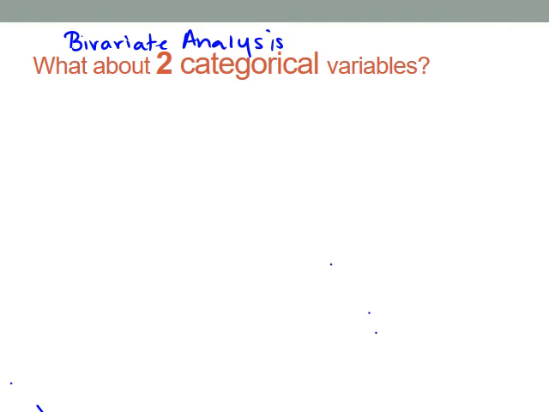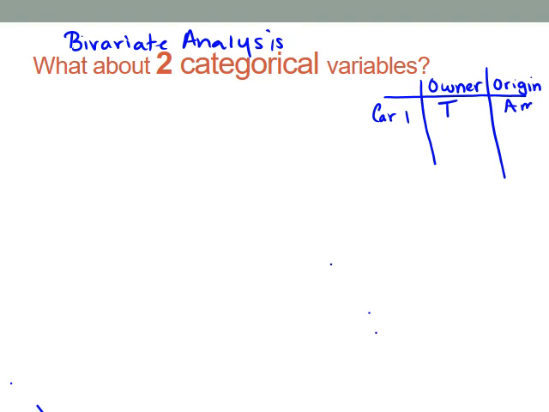We're going to organize that information. The way when we gather the data, we might organize that information into an easy to collect data table. So I might have car 1, and I might look at the owner, and I might look at the origin. So maybe for car 1, the owner is a teacher, and the origin was that it was American.